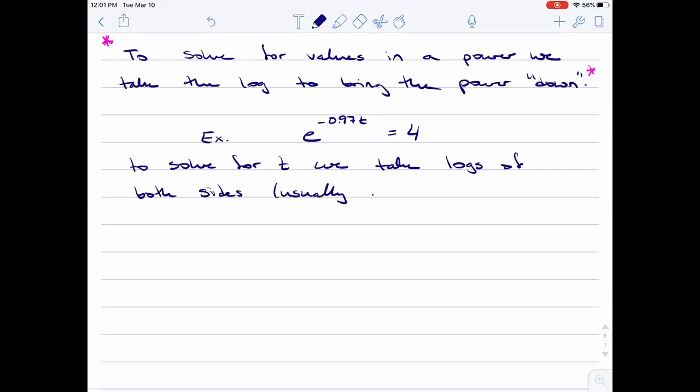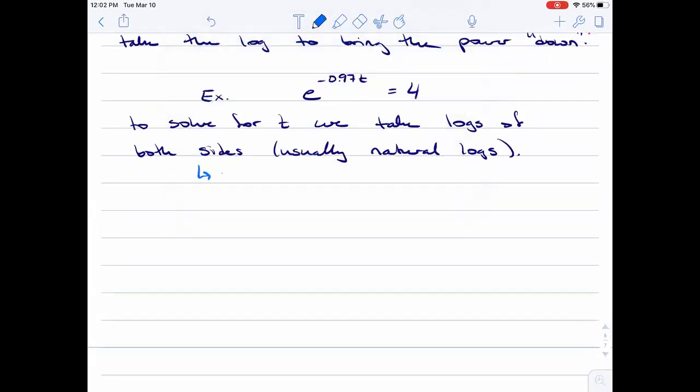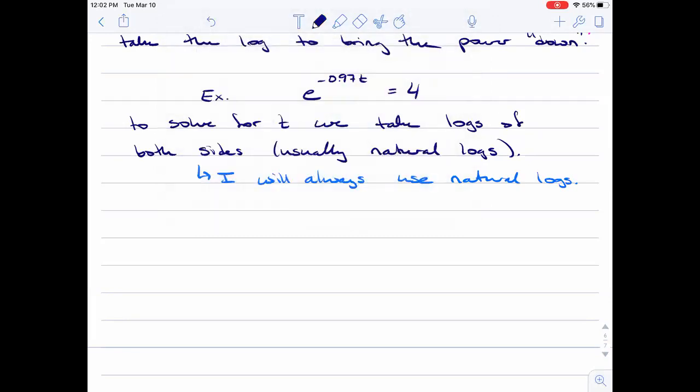Usually natural logs. I will always use natural logs, and what's nice is that it will always work. For me personally, I'll put that in the side note here: I will always use natural logs, even if my base is not e in my power.